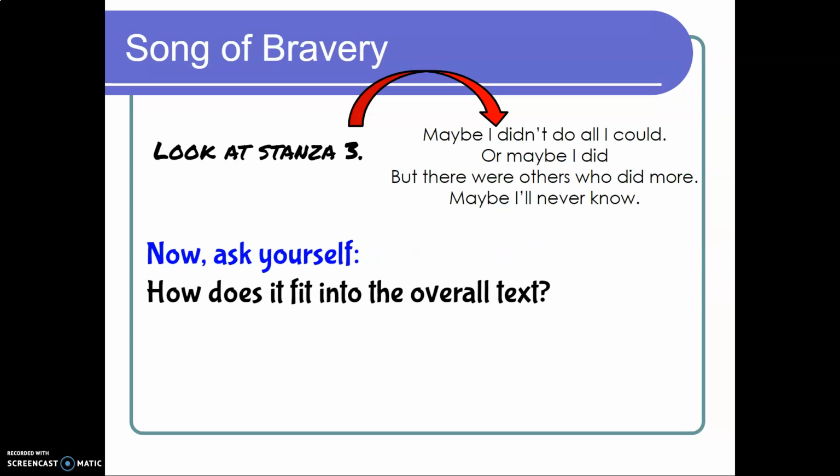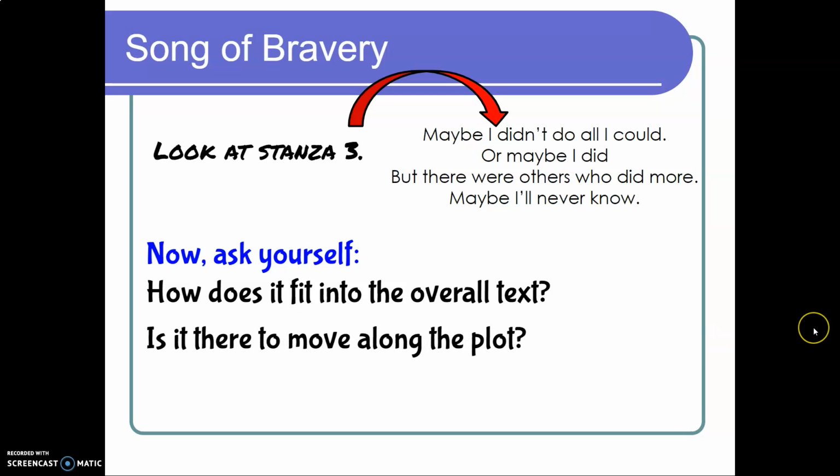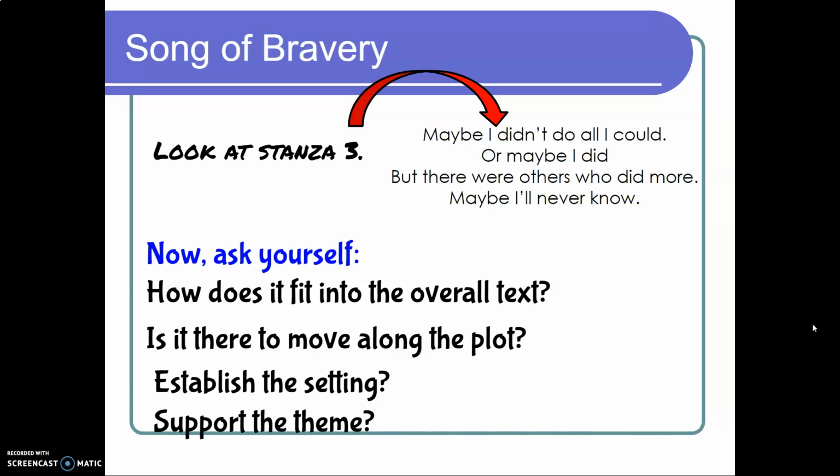Ask yourself, how does it fit into the overall poem? Why is that part so important? Is it there to move the plot along? Does it establish a setting? Or does it support the theme?